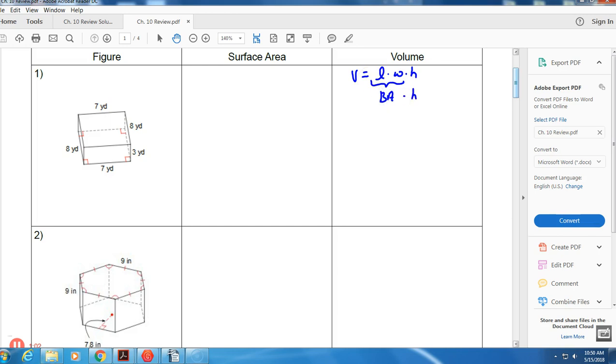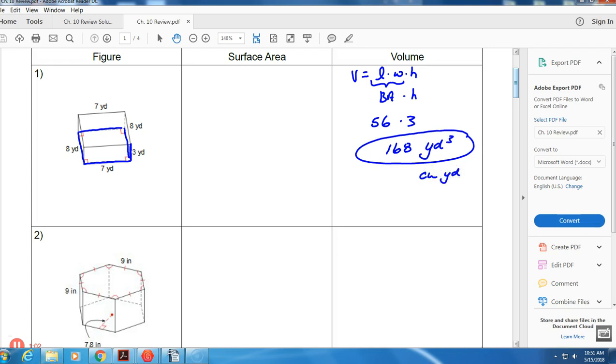Since this shape is a rectangular prism, the base is a 7 by 8 box. So 7 times 8 is 56 times the height, which is a small height of 3. My final answer there would be 168, and we're looking at cubic yards. You could write it cu yd or yd³, whatever you'd like.